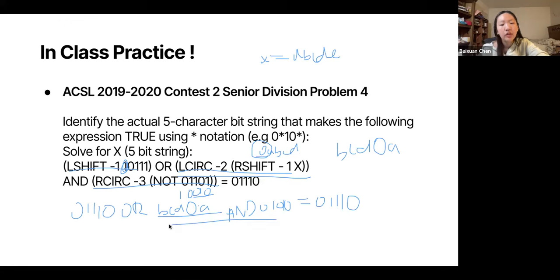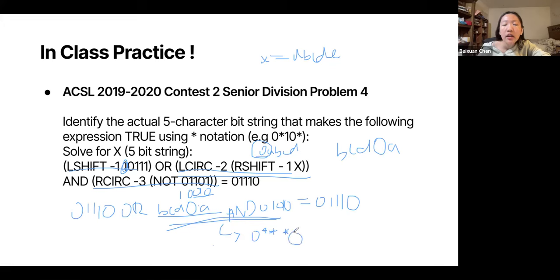So in order to do this, we know that 0, 1, 1, 1, 0, or this expression, is equal to 0, 1, 1, 1, 0. So then that means this expression has to be equal to 0, asterisk, asterisk, asterisk, 0.